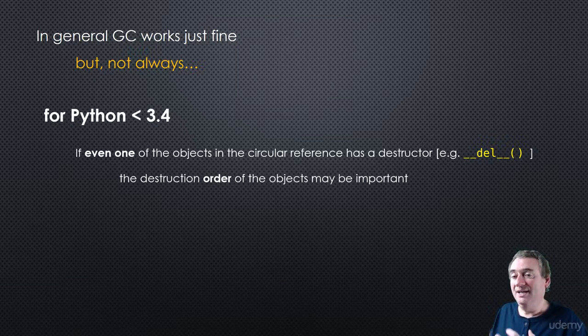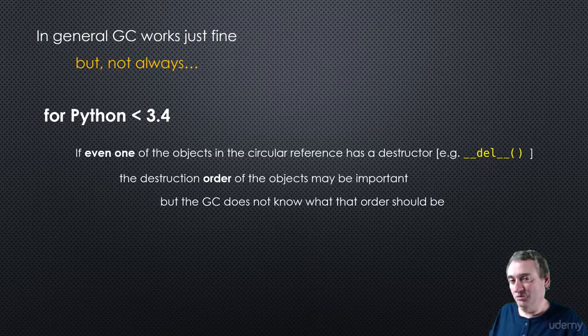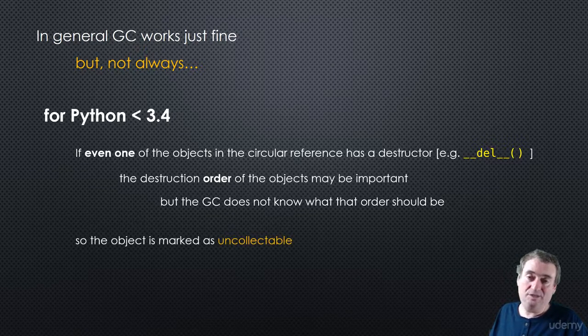Who knows, right? There could be steps or a certain order in which those steps have to be taken. So the garbage collector doesn't know what that order should be, and it would basically mark those objects as uncollectible. It would say, you know what? I don't know how to handle this. I'm not going to do it.